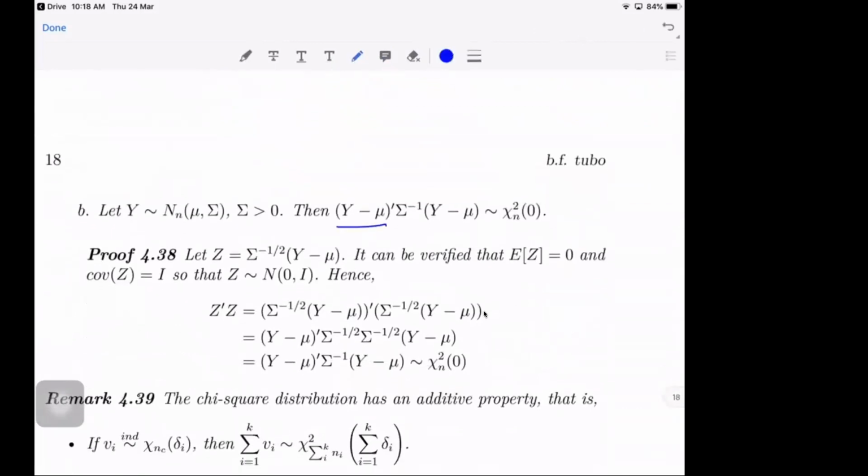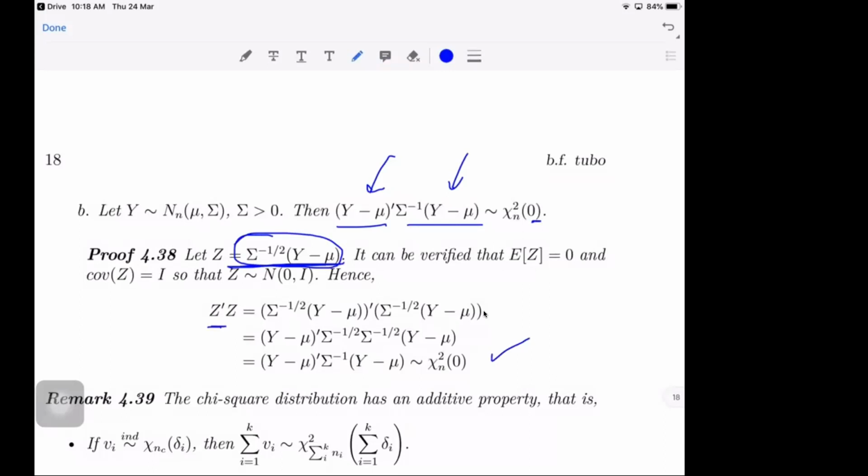Okay, so what will happen when you subtract mu from y? This becomes central, no? It becomes central. And your transformation will be equal to this. It becomes z prime z, but your transformation is sigma raised to the negative 1/2 times y minus mu.